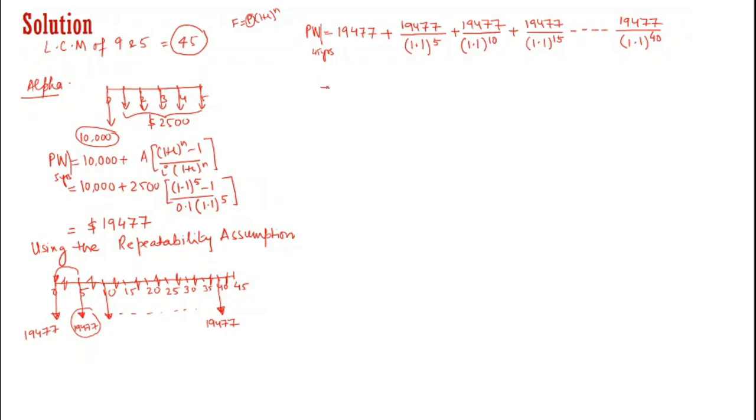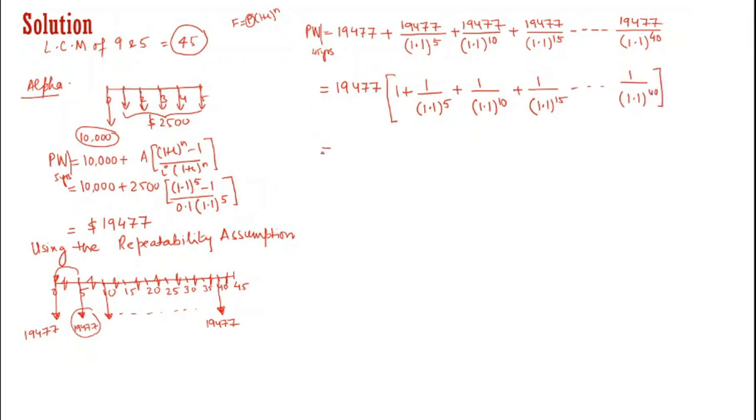If I just simplify it a bit, 19477 times (1 plus 1 over 1.1^5 plus 1 over 1.1^10 plus 1 over 1.1^15, and the last will be 1 over 1.1^40).